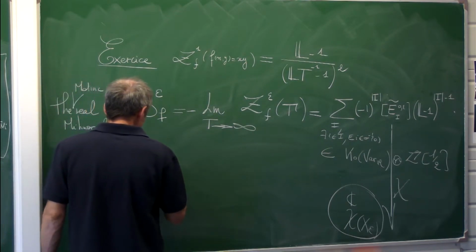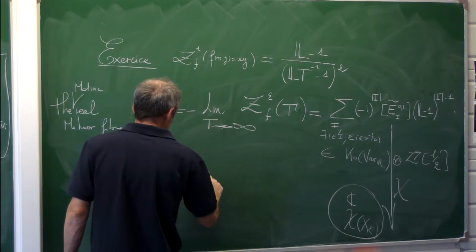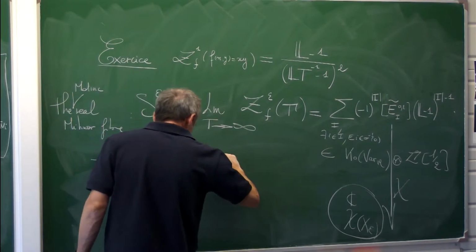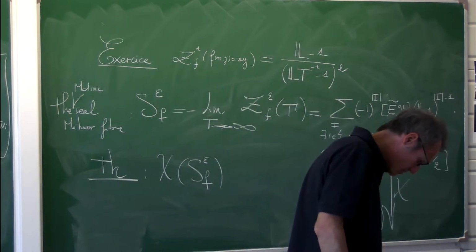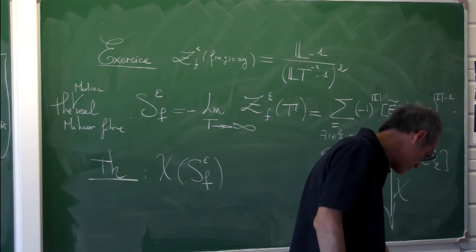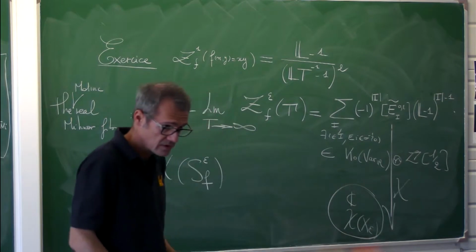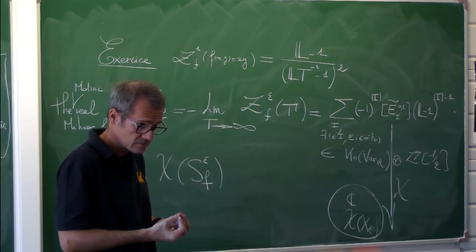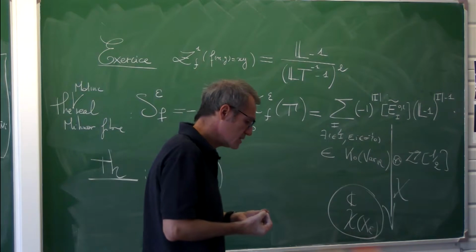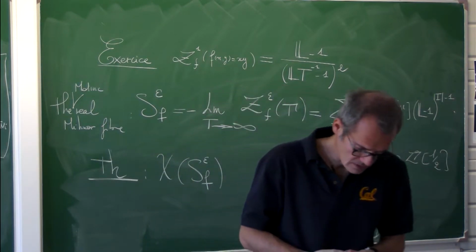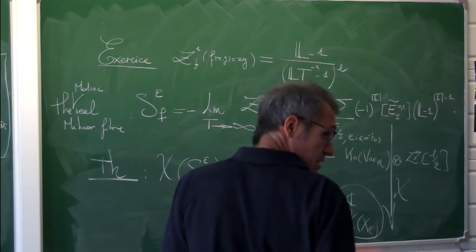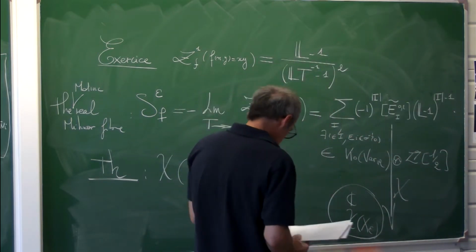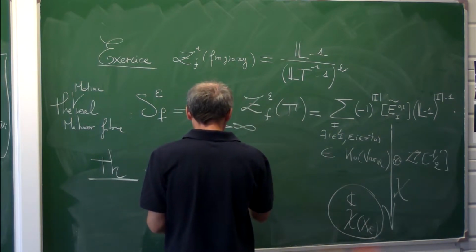So the realization of the motivic real Milnor fiber is in fact the Euler characteristic of the set of points satisfying the system given by epsilon. So let me introduce some notation.